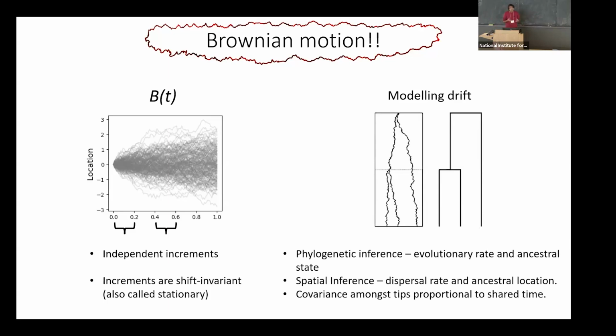That lends itself nicely to inference, where you can infer ancestral states and evolutionary rates. Similarly, if it's a coalescent tree with spatial locations at the tips, you can use similar methods to infer dispersal rate and the location of genetic ancestors along the tree.